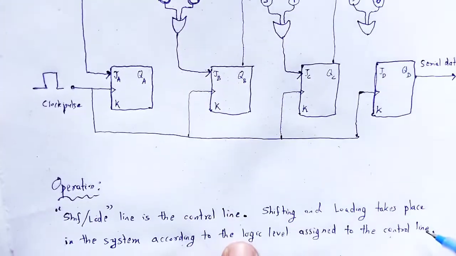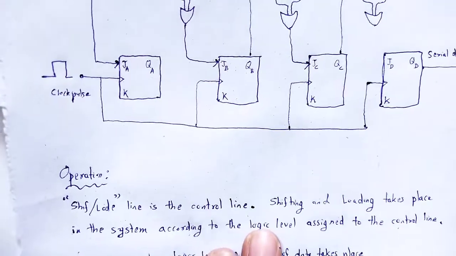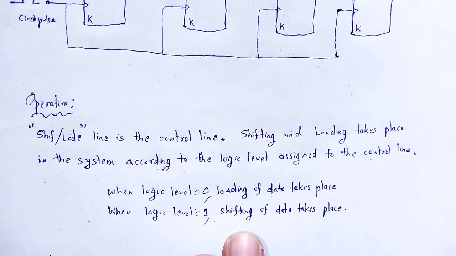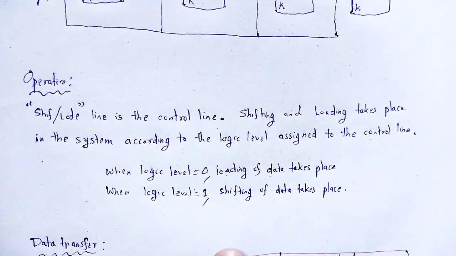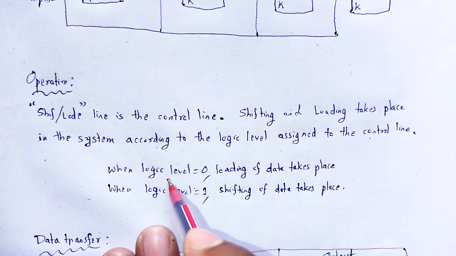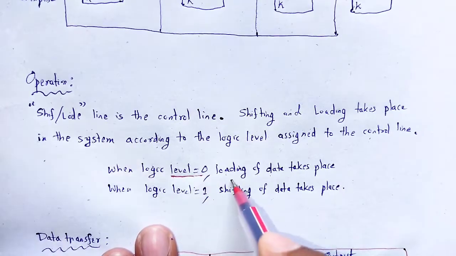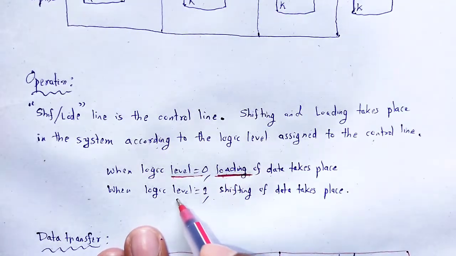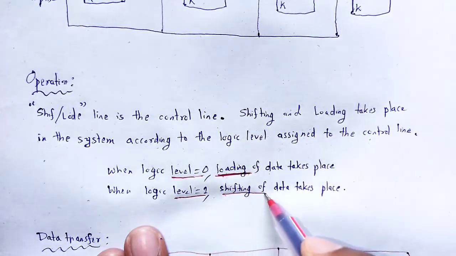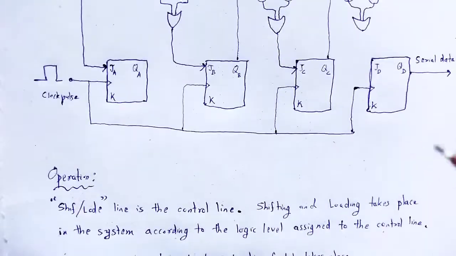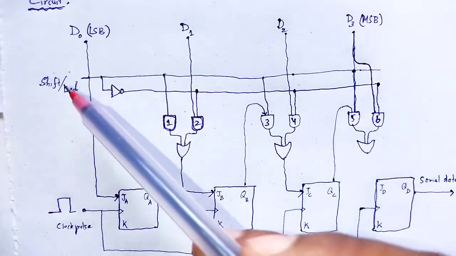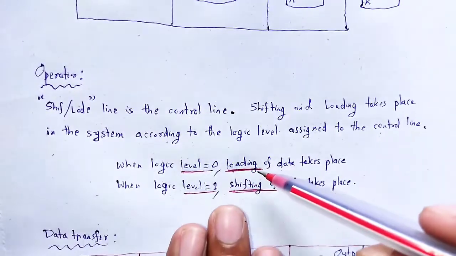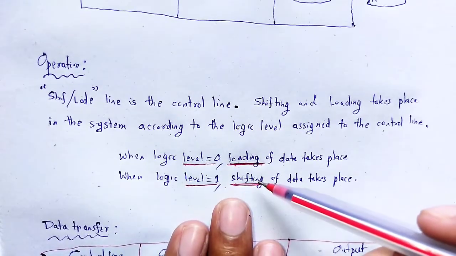The shifting and loading takes place in the system according to the logic level assigned to the control line. That is the important point. When the logic level is 0, loading of data takes place, and when the logic level is 1, shifting of data takes place. So the control line decides either load or shift. If it is 0, then loading. If it is 1, it is shifting.